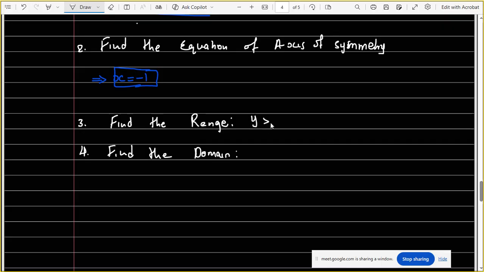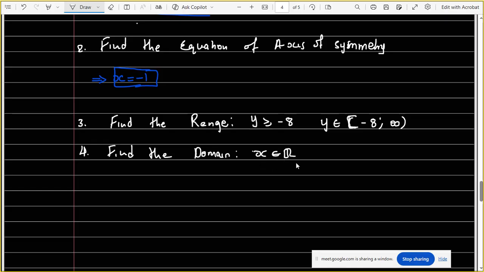Or you can say y is an element of, included, minus 8 all the way to positive infinity. That's your range. The domain, I said, is always x must be an element of real numbers. That does not change, okay?